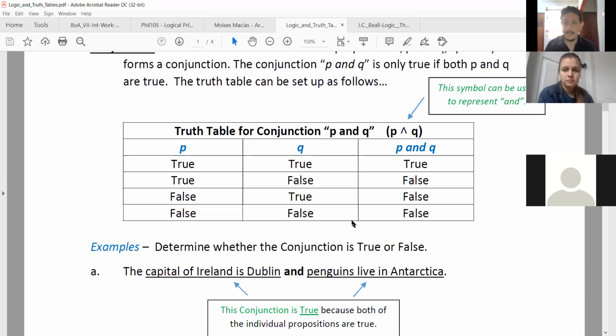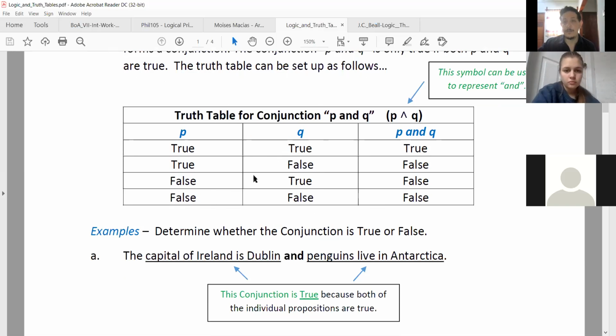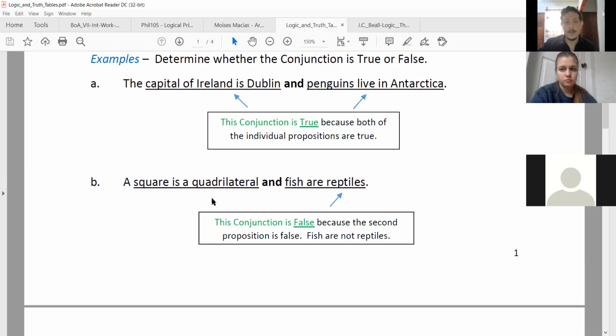Part of the idea is that whenever I put forward a conjunction, I am claiming that those two things are true. So obviously it's only going to turn out to be true if both are actually true, and it's going to turn out false in any other case. So that's the truth table for conjunction, okay?